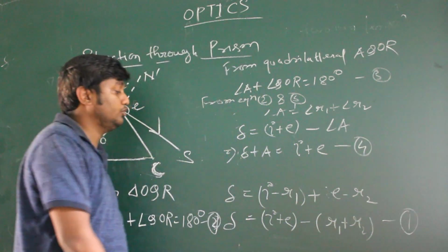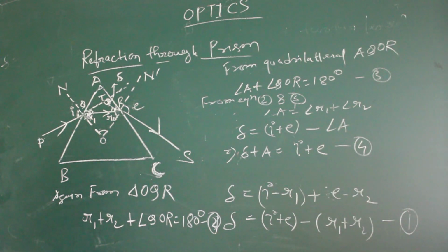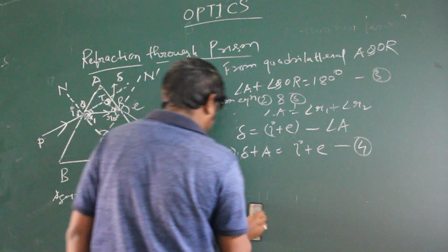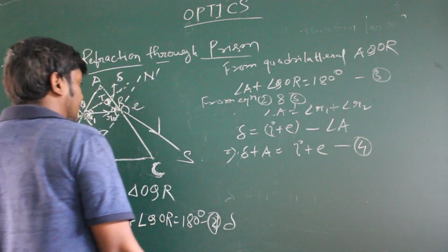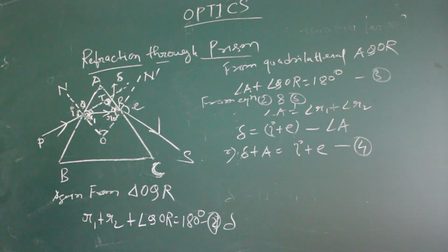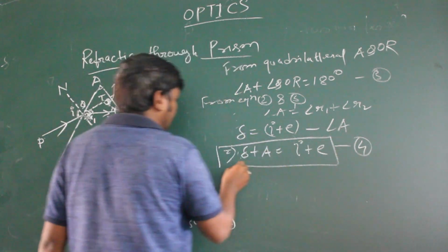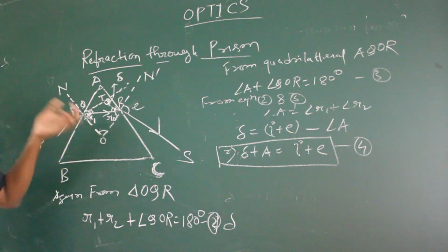Del plus A equals I plus E. In your final exam this question is also kept.